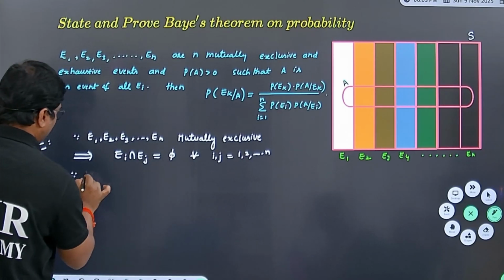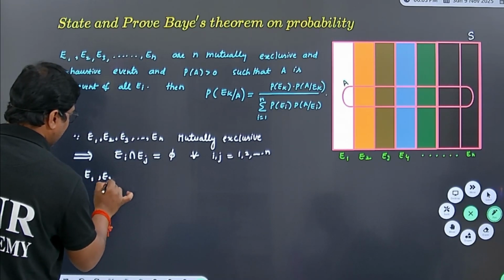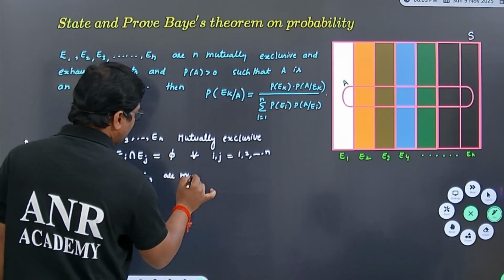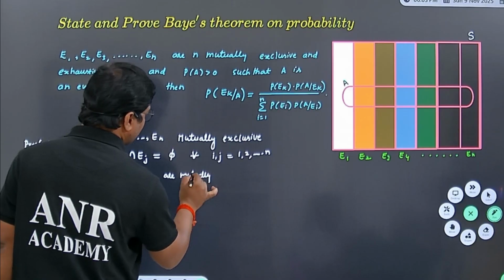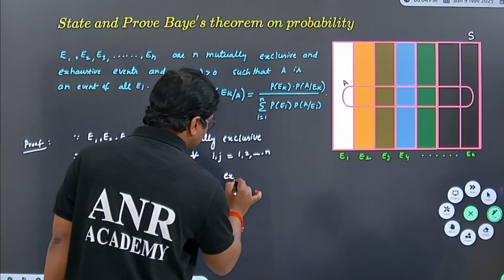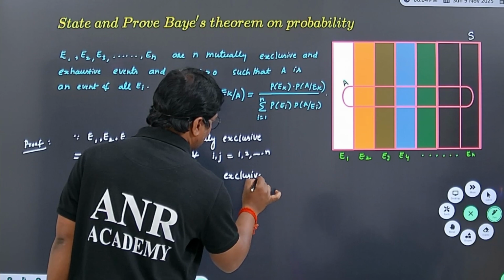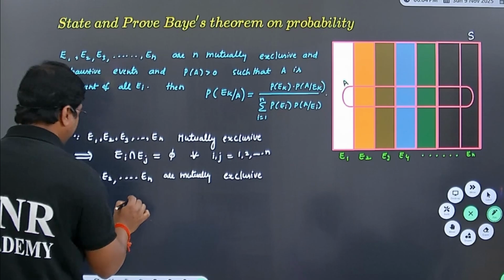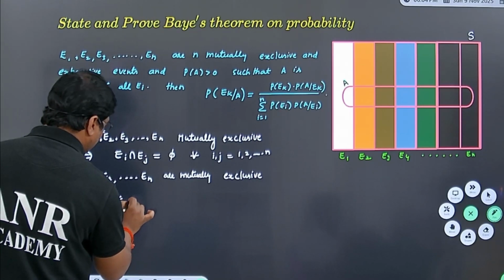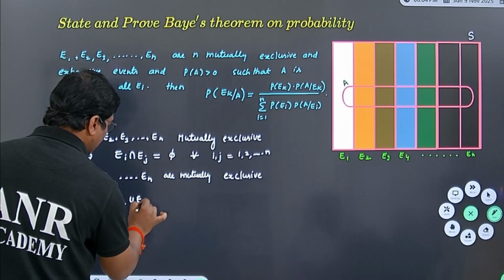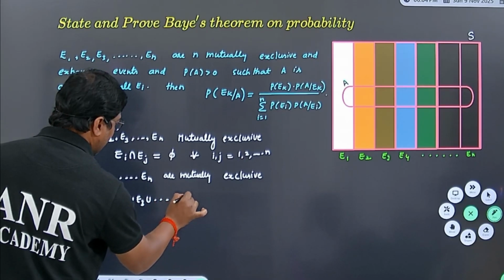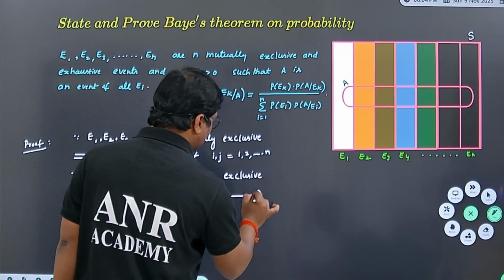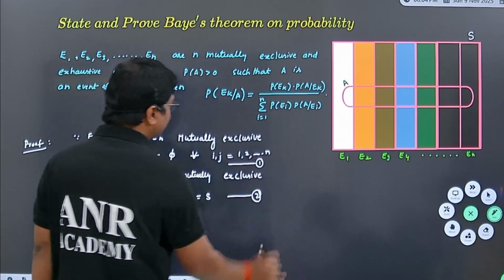Next, since they are also exhaustive, I can write E1 union E2 union E3 and so on union En equals the sample space S. This is result 2 and this is result 1.